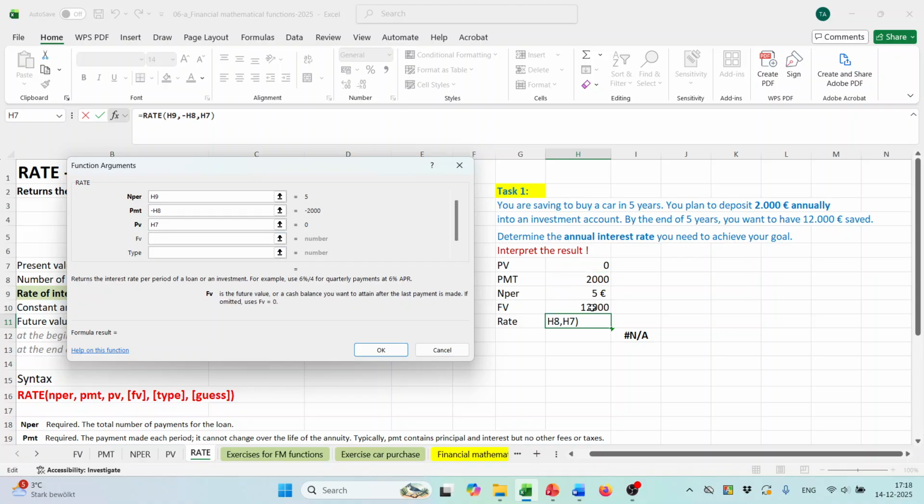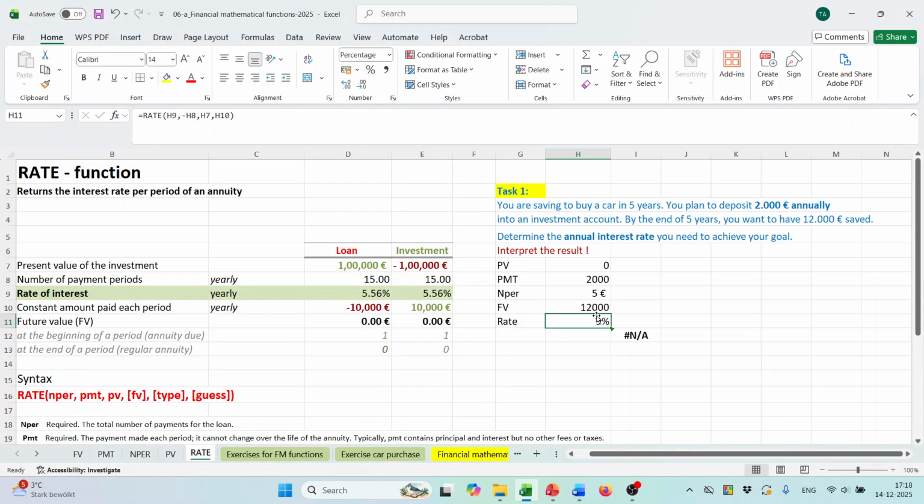Future value is 12,000 euro, this is our target, and we press OK. So if our interest rate is 9% and we pay 2,000 euro every year for 5 years, we will get 12,000 euro after 5 years. So this is all about the exercise.